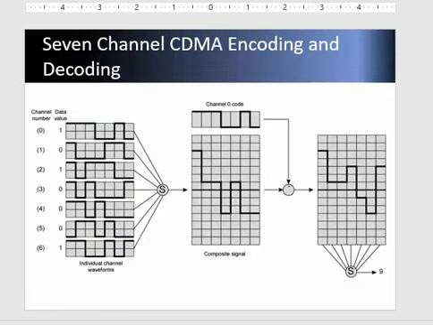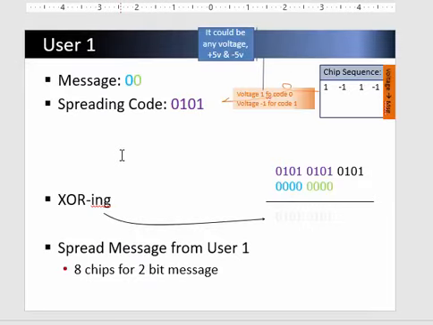Having that, we can apply it here. We have a message in digital, and the chipping sequence is like a signal, so it has high voltage and low voltage.